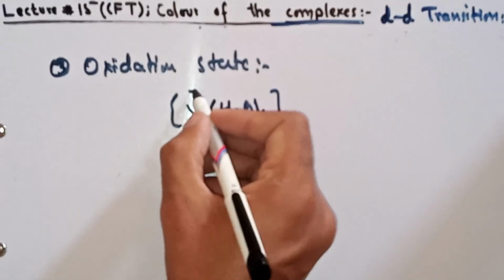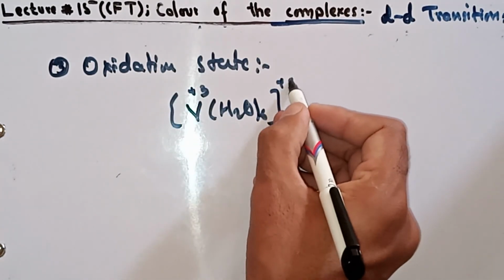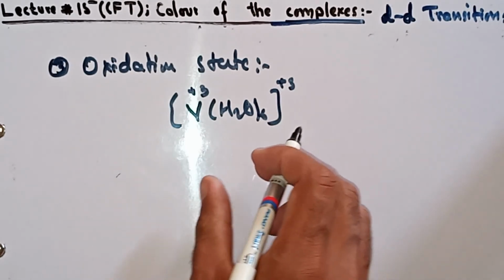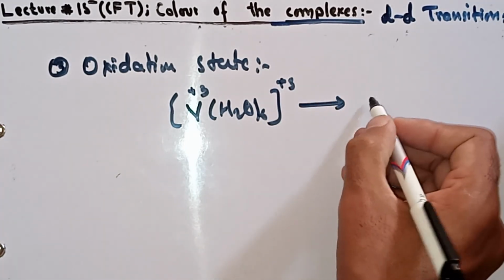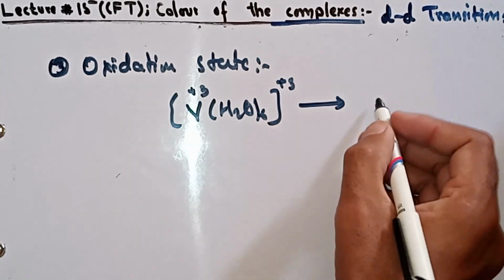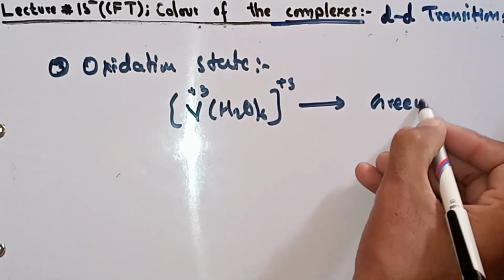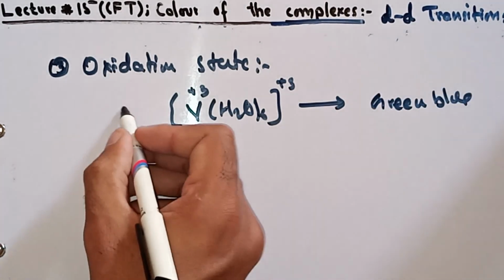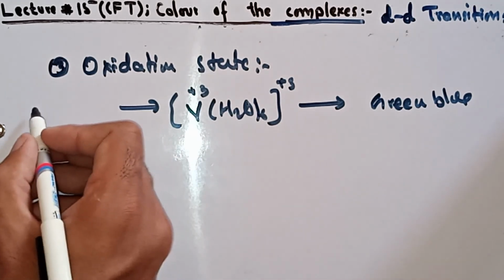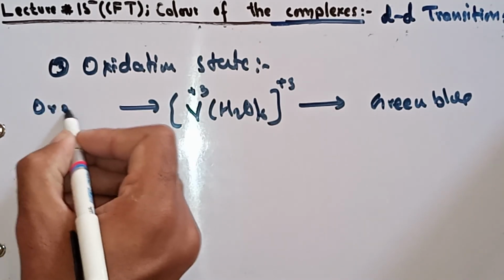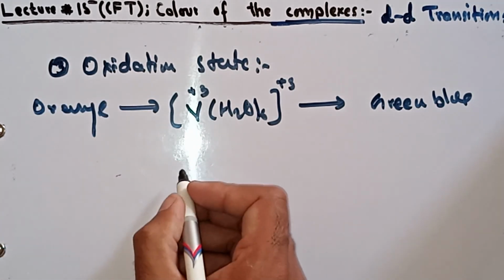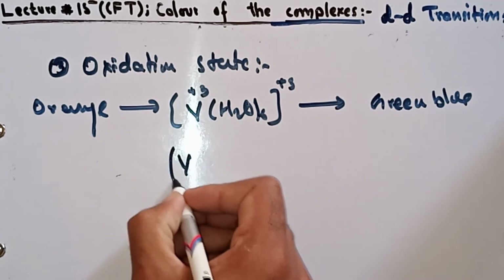If this vanadium has plus 3 charge, the color of this complex is green blue, and the complementary color of green blue is orange.